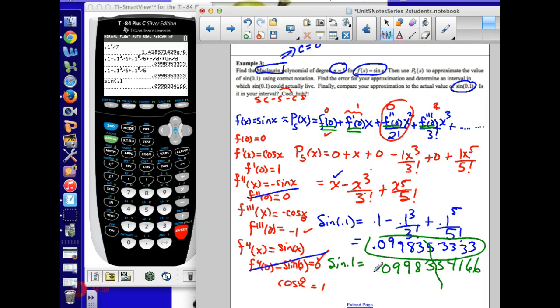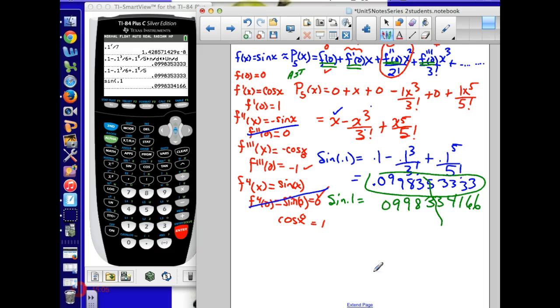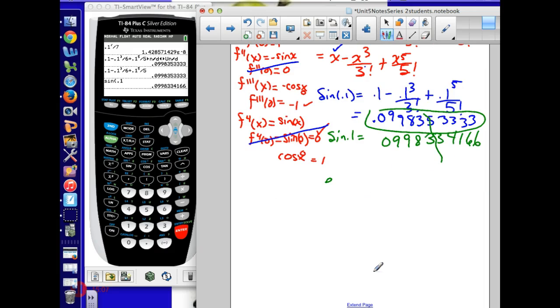And what you can do is we know that our error, because this is an alternating series, by the alternating series error bound, remember the error is going to be less than or equal to the first unused term in the sequence. Well, my next term would have been a minus 0.1 to the 7 over 7 factorial. So that's actually going to tell me the most my error can be, and I don't have time to do that.